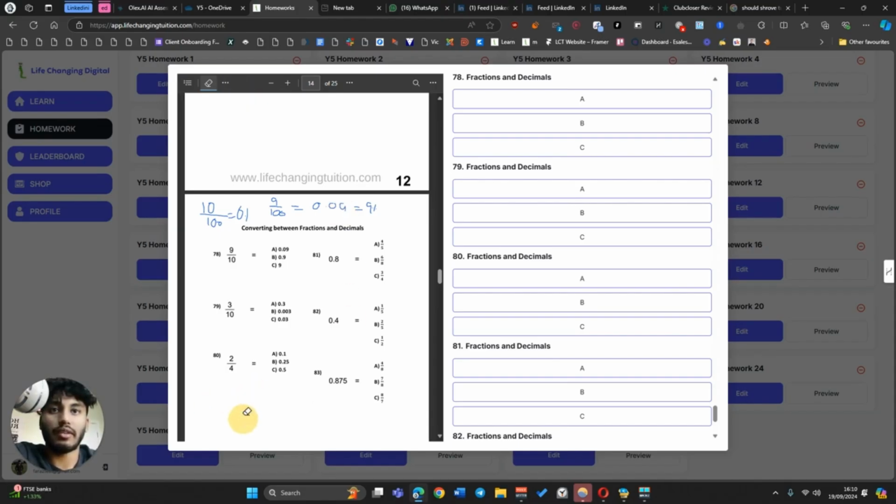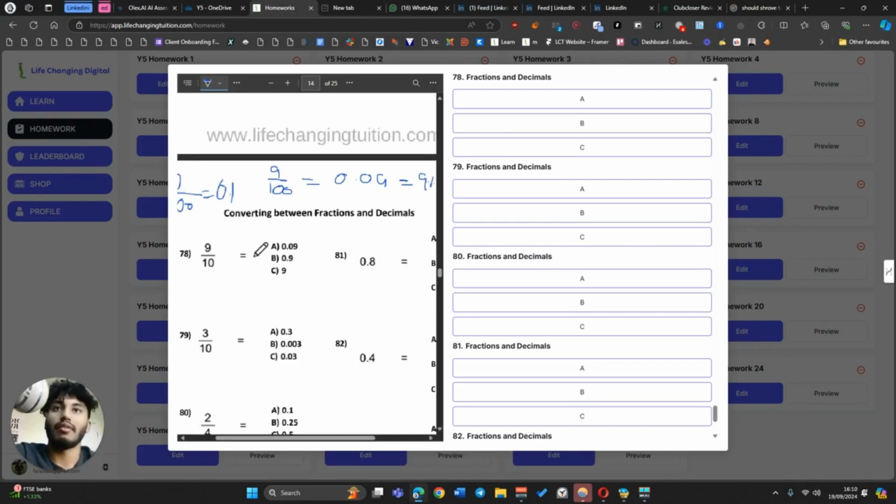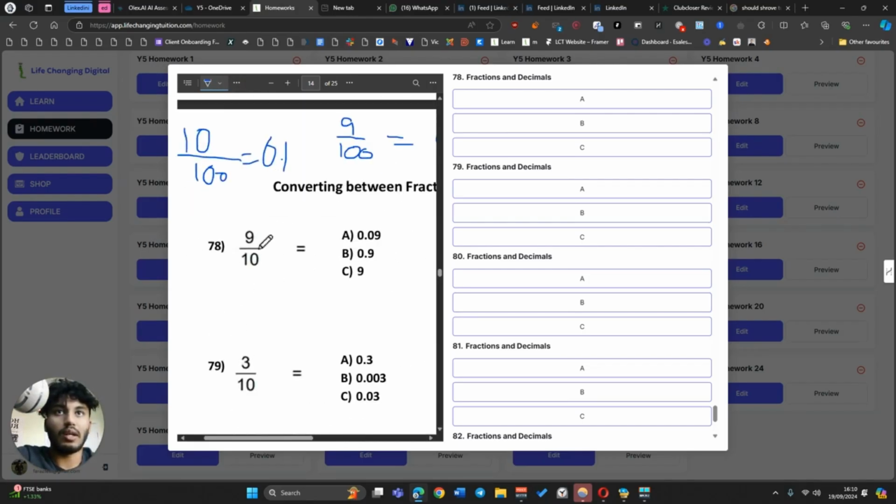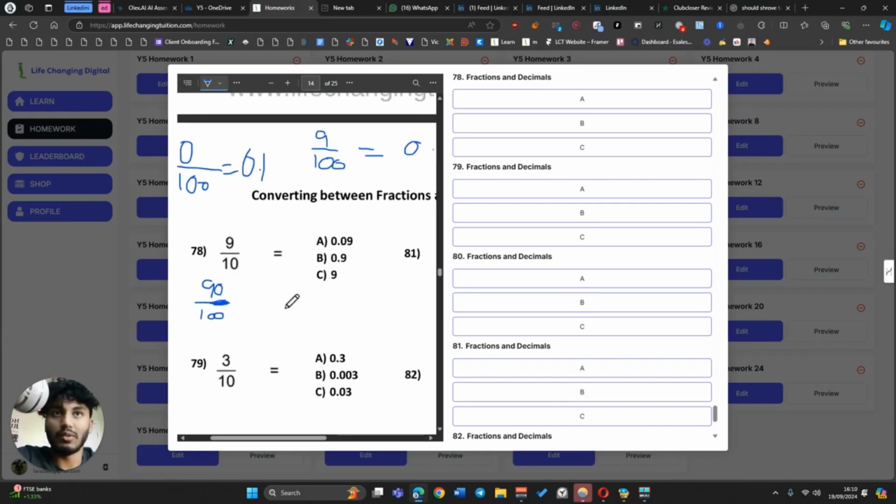But with simple ones, where they convert directly very easily, I like to just think of it like, if I made this into 100 at the bottom, it would be 90 over 100, right? So that's like 90%, or 0.9.